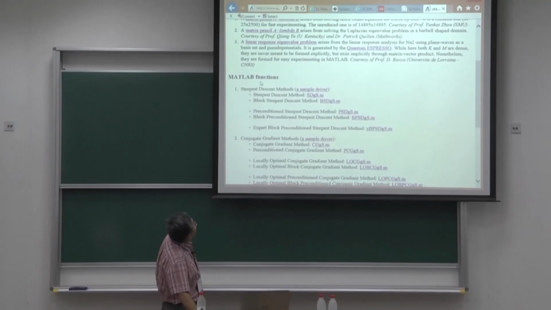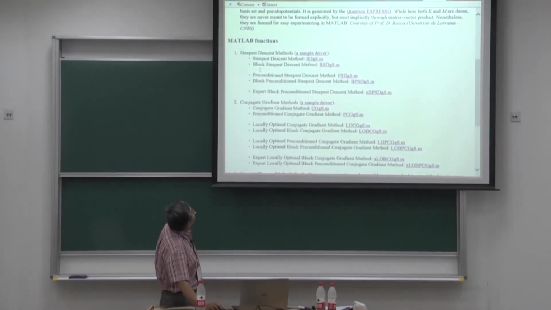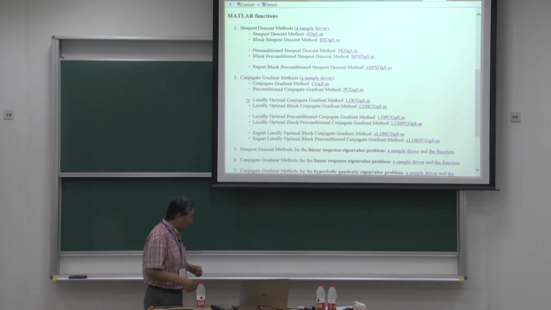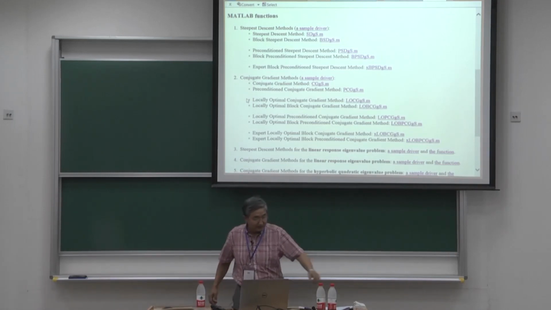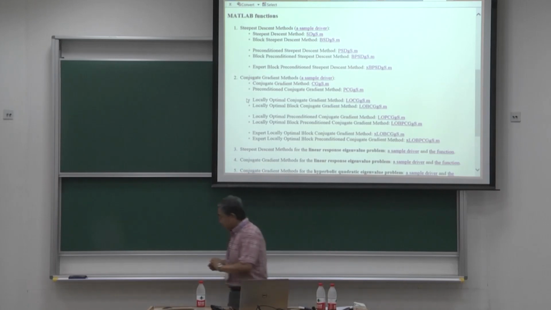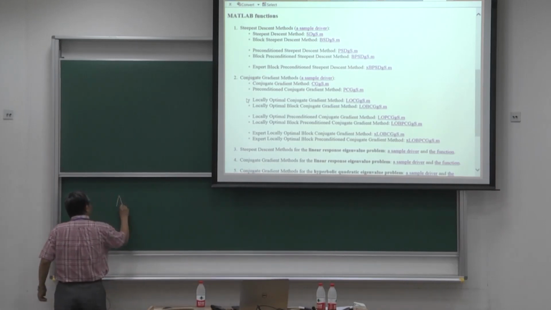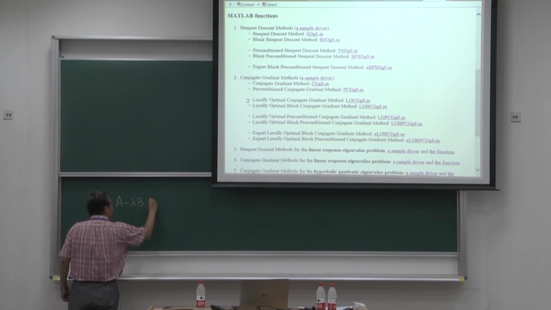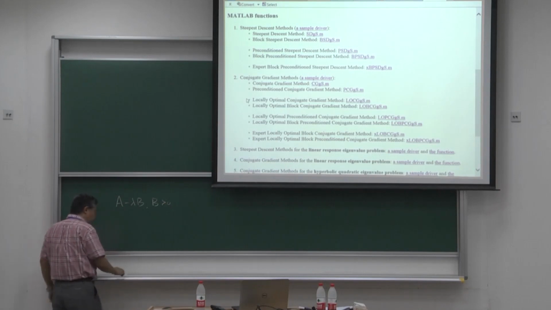For the MATLAB function, I have 3 different kinds. The first one, 1 and 2, is for the generalized eigenvalue problem with B positive definite. Of course, A, B are Hermitian.